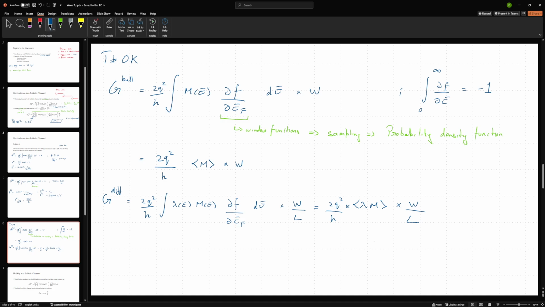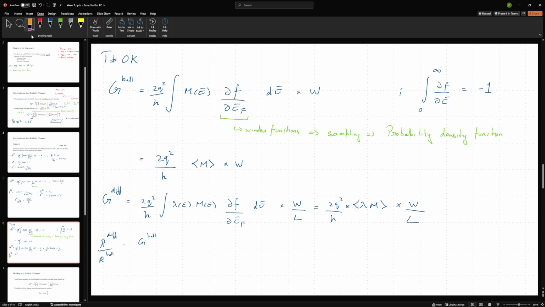So as before, there is a length dependence in the diffusive case, and from this I can say R diffusive upon R ballistic is equal to G ballistic over G diffusive, or I was supposed to get the ratio between the ballistic and the diffusive resistances.